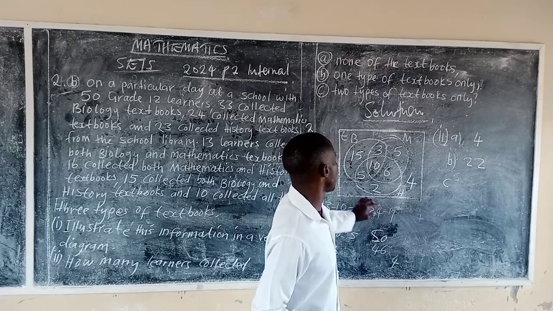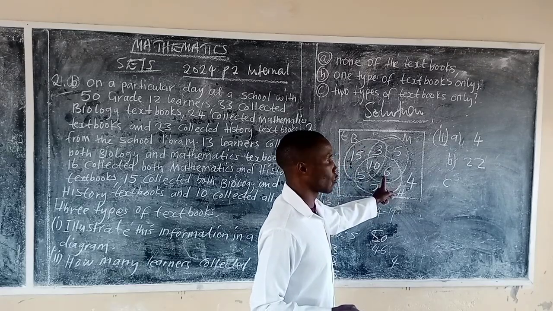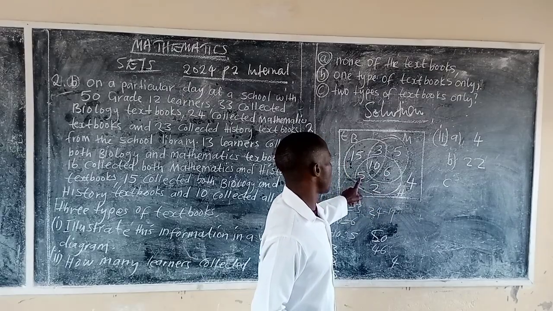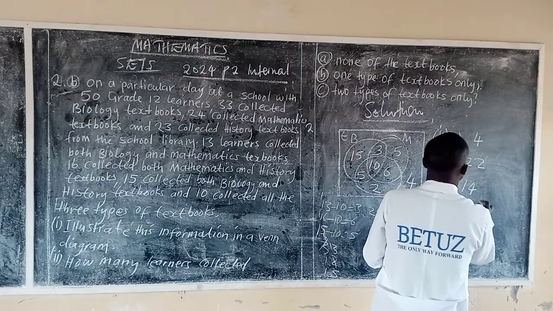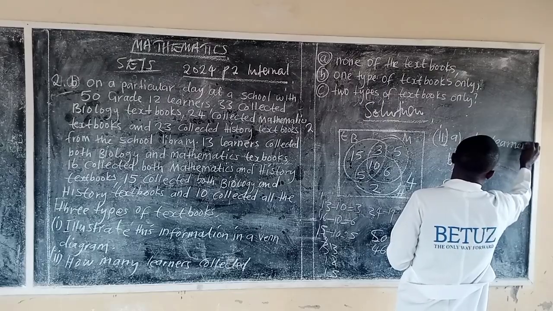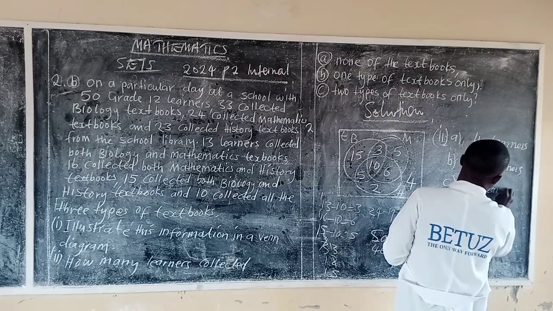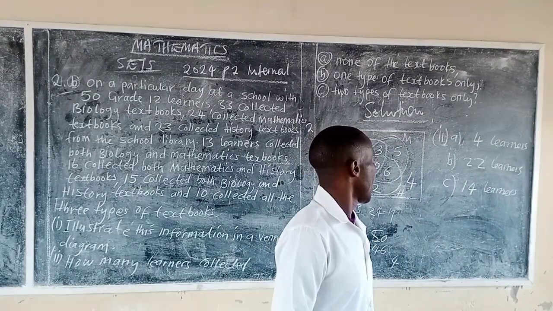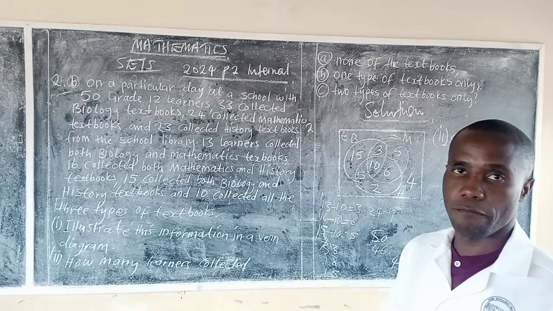So we have to add this. 3 plus 6, the answer is going to be 9. 9 plus 5, that would be 14. So 14 learners. So we can be putting learners there. So that is our answer. That is how we answer. After you have done that, it means you have scored 5 marks.